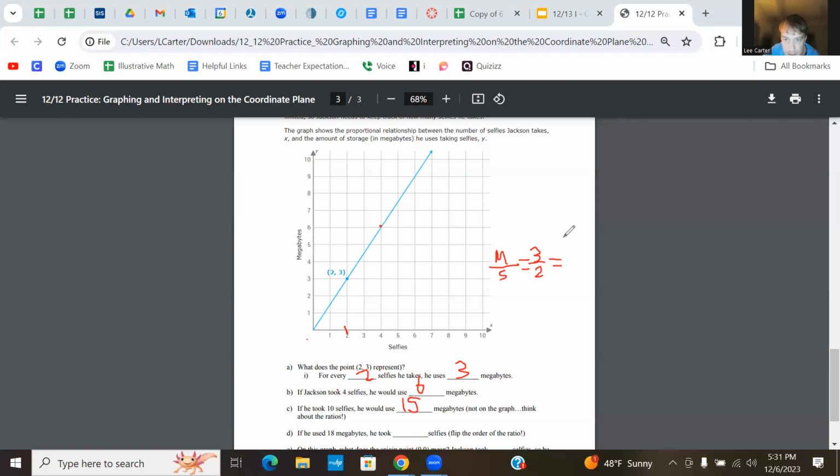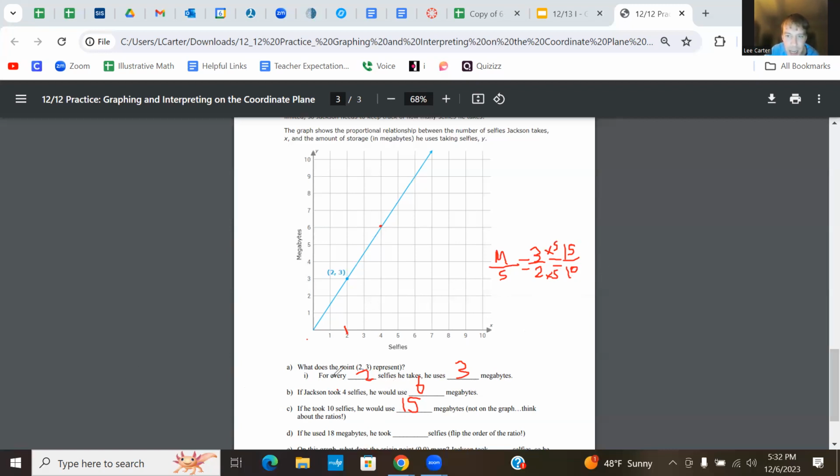And then we got 15 megabytes for, we don't know how many selfies. Okay, so that's times 5. And that's times 5. You could also put this in one of those table things, whatever. I'm just showing you how the work is basically done there. All right. Oh, sorry, should have put the 10 selfies and then the 15 megabytes, but you see the idea.